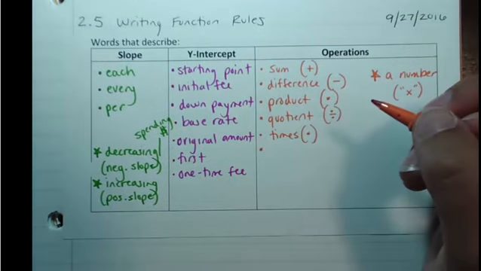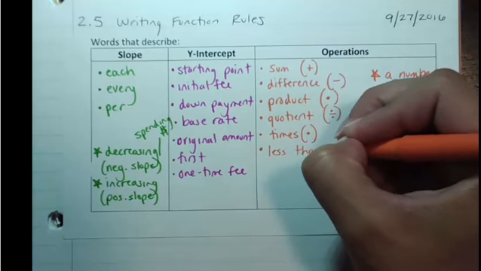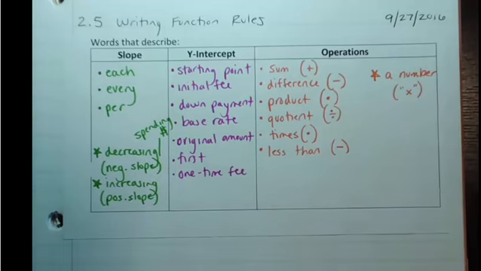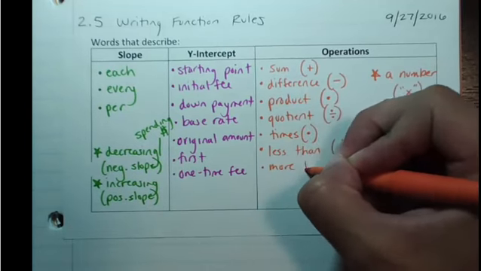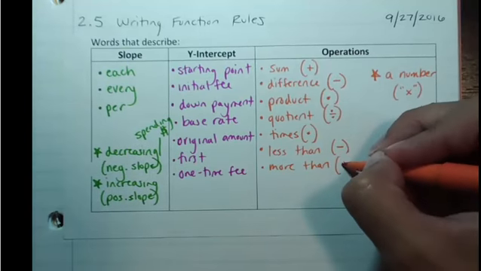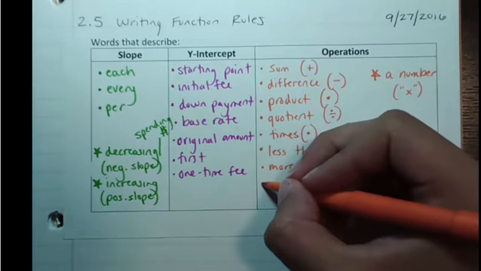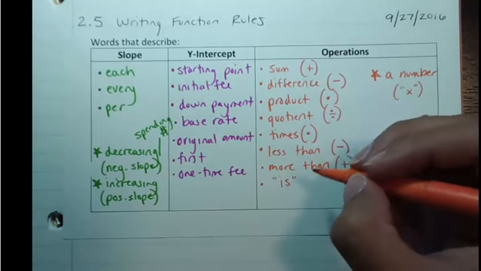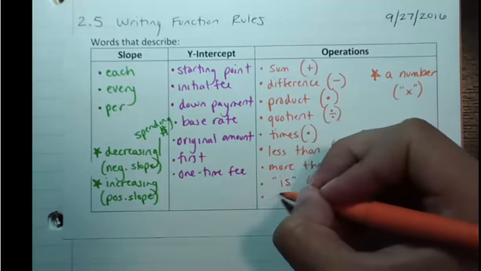Another type of operation wording that they use would be less than. If I have 10 less than 20, that would be subtraction. More than would be what? Addition. When they use the word is, in most cases, that's going to represent equal to, or again, same.